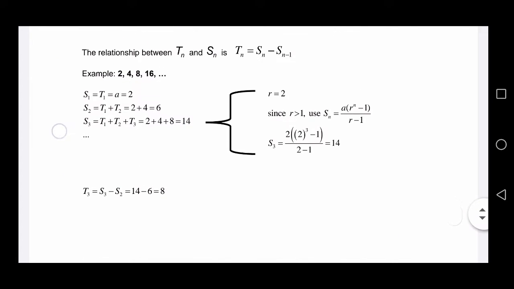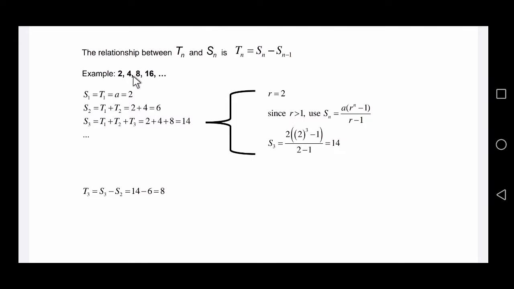Next, let's look at the relationship between Tn and Sn. The relationship is Tn equals Sn minus Sn minus 1. This relationship of Tn and Sn of a geometric sequence is similar to the relationship between Tn and Sn of an arithmetic sequence.